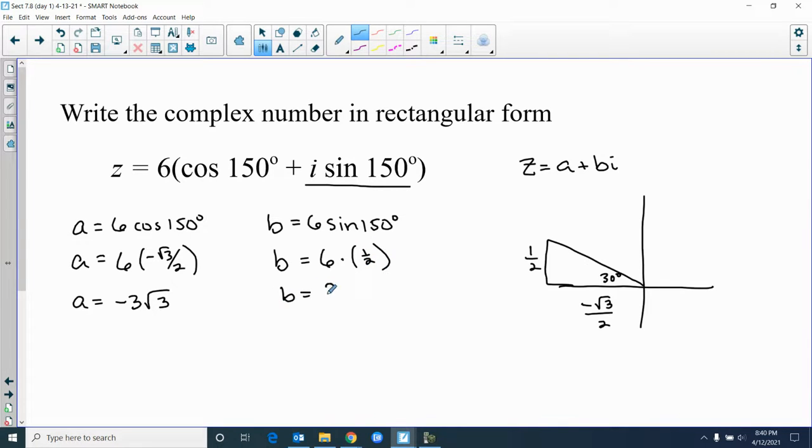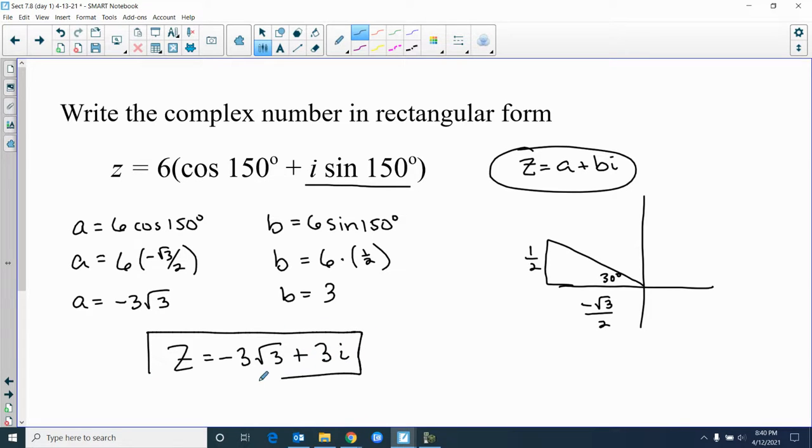So that's going to be positive 3. And so now my final answer in rectangular form is negative 3 square root of 3 plus 3i. Okay, negative 3 square root of 3 plus 3i. All right, that's done. Very similar to converting from rectangular to polar. Now we're just dealing with complex numbers in the same concept.